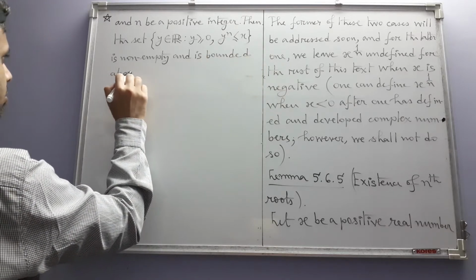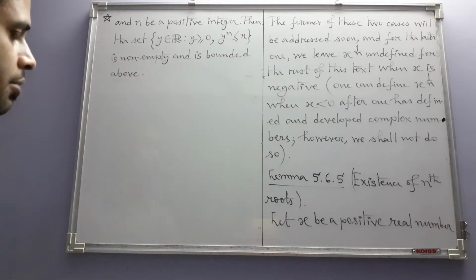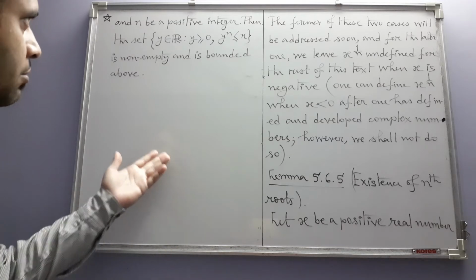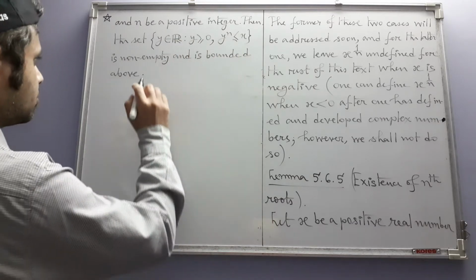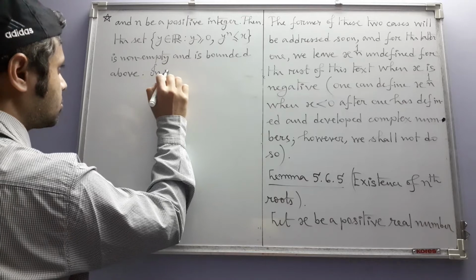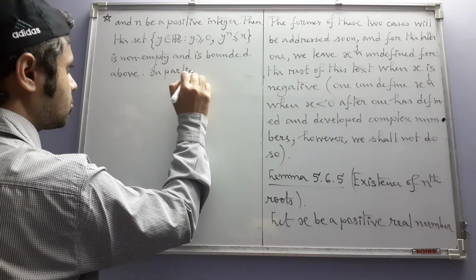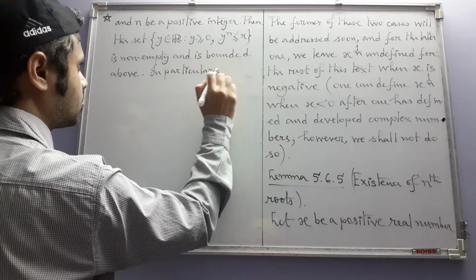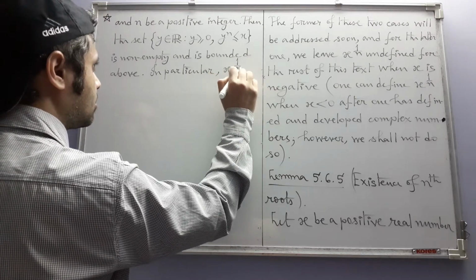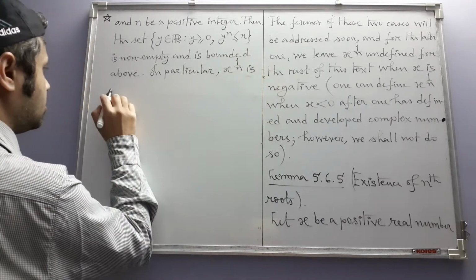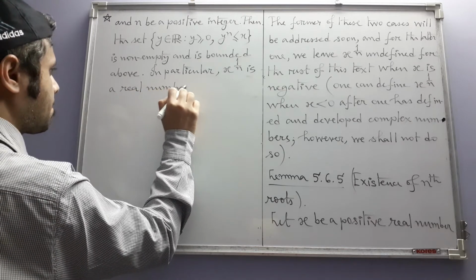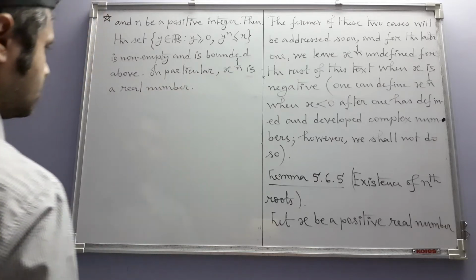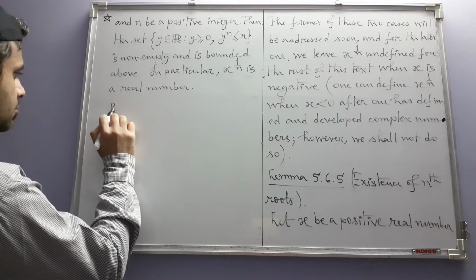That means it has an upper bound which is a real number, and this just simply tells us that the nth root that we have defined, which is equal to the supremum of this set, is going to be a real number. So in particular, the nth root of x is a real number. So let us now prove this.